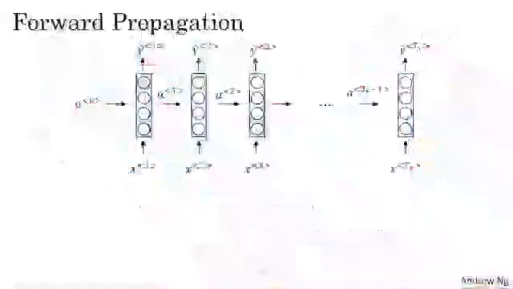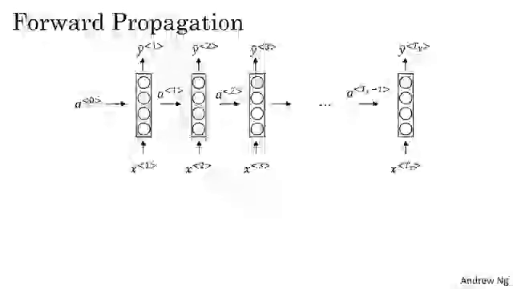Here's a cleaned up version of the picture of the neural network. As I mentioned previously, typically you start off with the input A0 equals the vector of all zeros. Next, this is what forward propagation looks like.